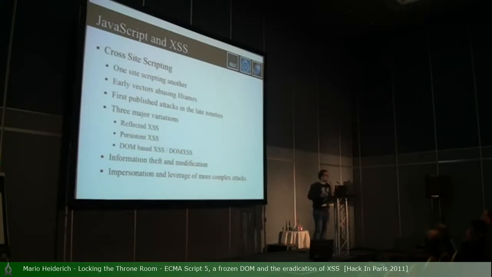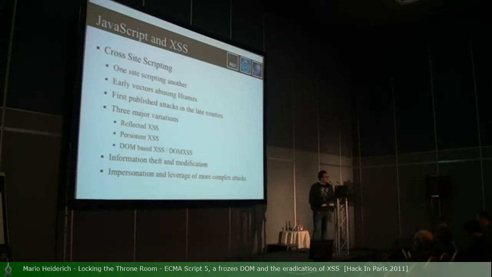DOM XSS is not seen by the server. So if you have a server-side solution for filtering your input, DOM XSS completely bypasses it, because it does not reach the server, exclusively using client-side properties to conduct the damage it wants. We're going to see some examples later on, and first I'm going to move on with XSS and the basics about it.